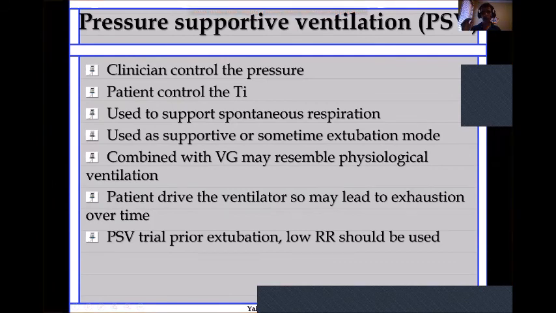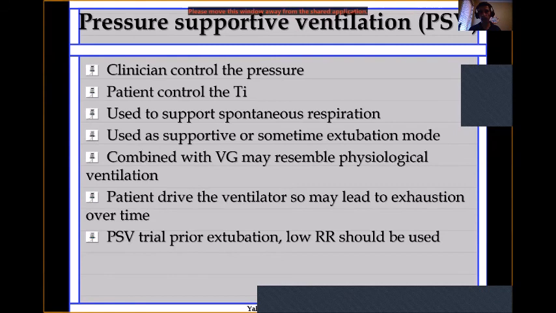Volume guarantee means the patient will never exceed that level. So if you set the VG at, let's say, 4 ml per kg, the patient will never exceed 4 ml in any respiratory cycle. But he will control the PIP, the PEEP, and the TI, because you're only helping him, but it must be below that VG. It will never go above that VG.